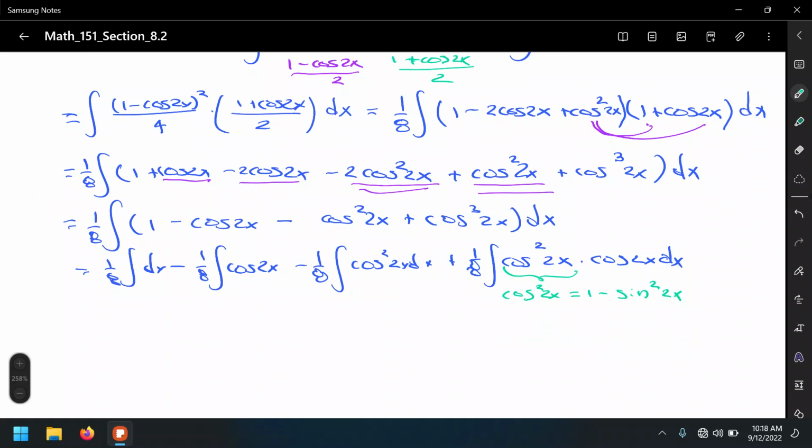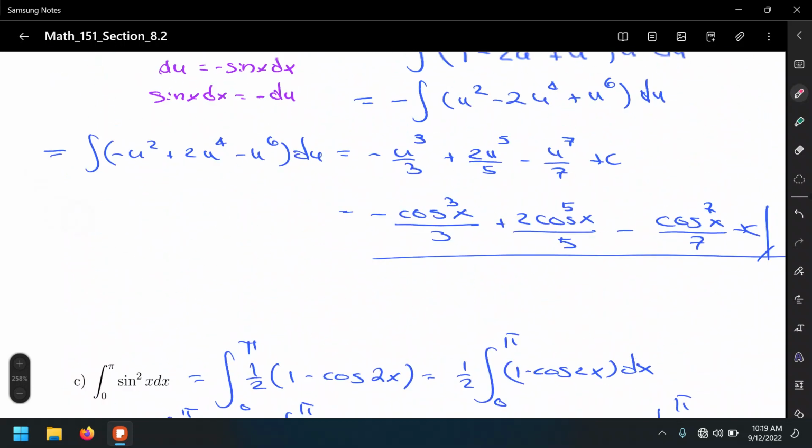And what are we going to do here? For the third integral, we're going to use a power reduction formula because we have an even power of cosine, not an odd power. Be careful about what's going to happen here, because this cosine squared 2x, yes, we're going to use the power reduction formula, 1 plus... But what happens to the angle every time that we use this power reduction formula?